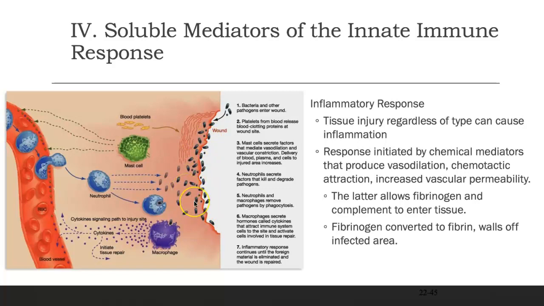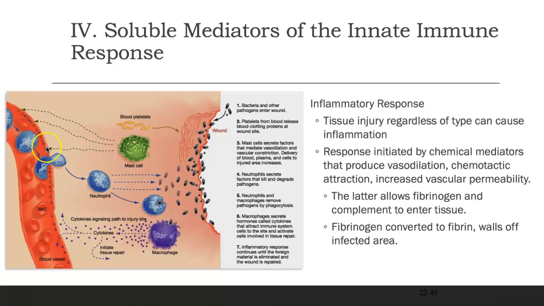So at that point, we are going to have some mast cells release histamine and other mediators to attract more of our immune cells to come to the site, mainly our neutrophils first, right? They will also cause our vessel here to increase its permeability.